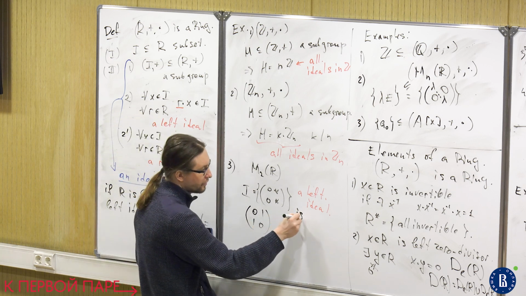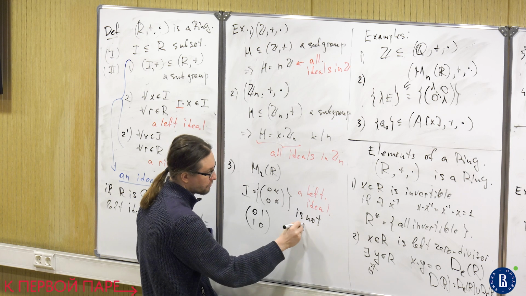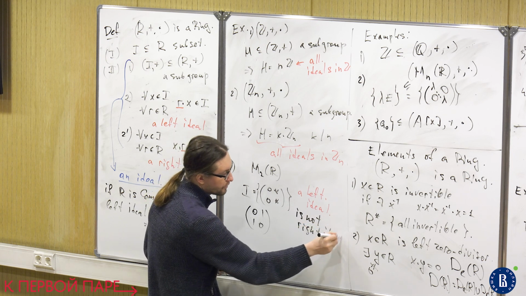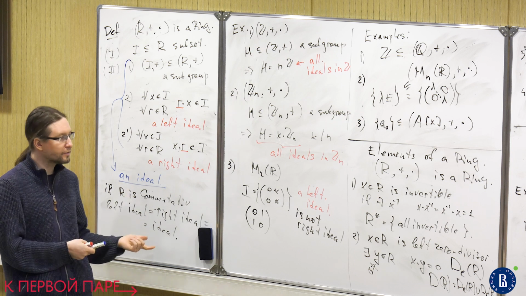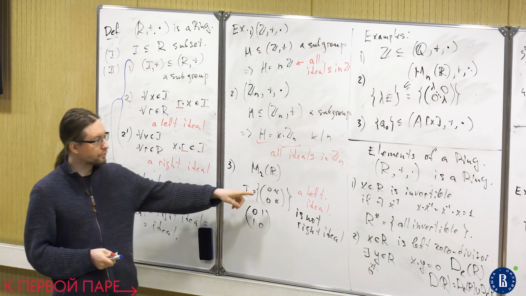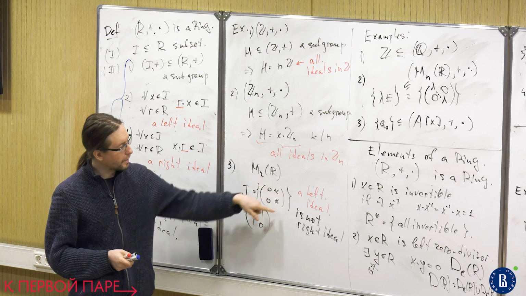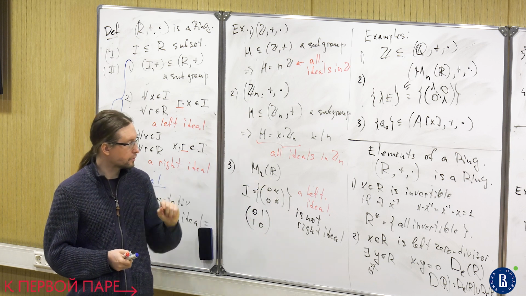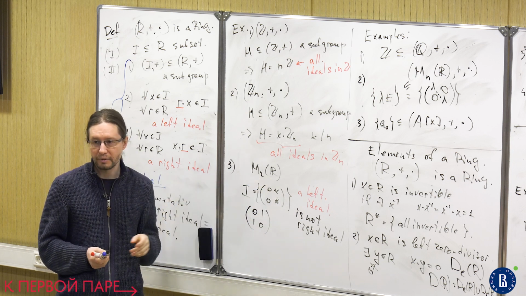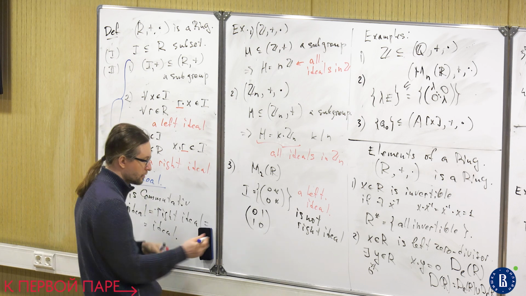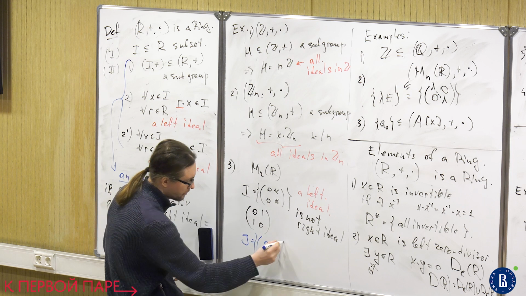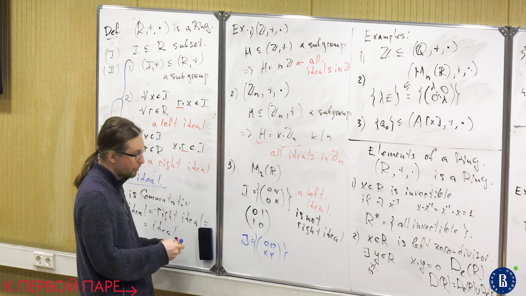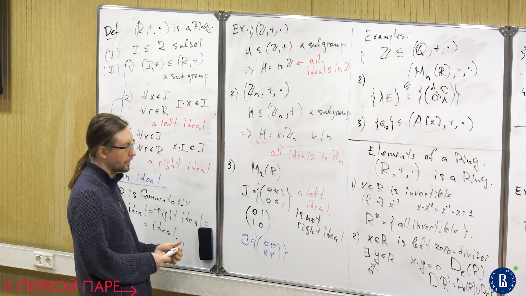So it is not a right ideal. If you want an example of a right ideal which is not a left ideal, you need to consider a matrix with the first row 0 and the second row arbitrary. So J with these properties is an example of a right ideal which is not a left ideal.